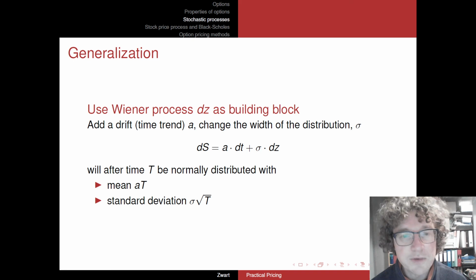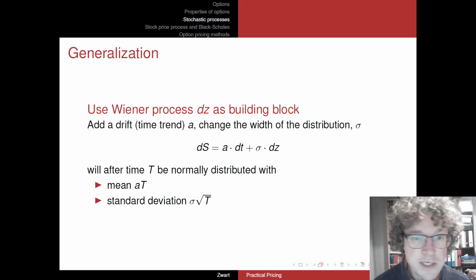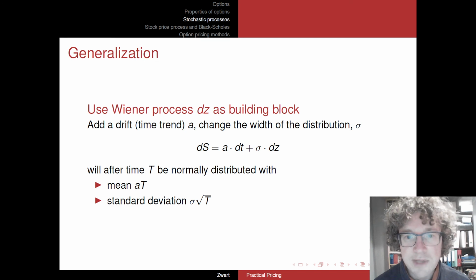So what will happen to this stock? Well, it's going to move upwards at this speed a. After time capital T, so after a larger time, the stock will be normally distributed. Its mean will have grown by a times capital T. That's the deterministic component, the deterministic growth of the stock.